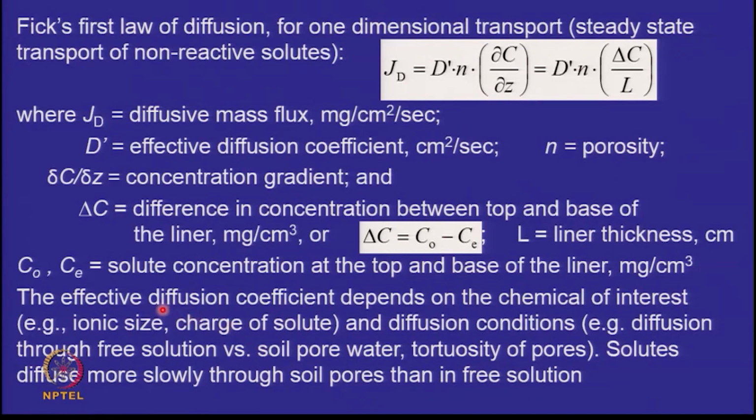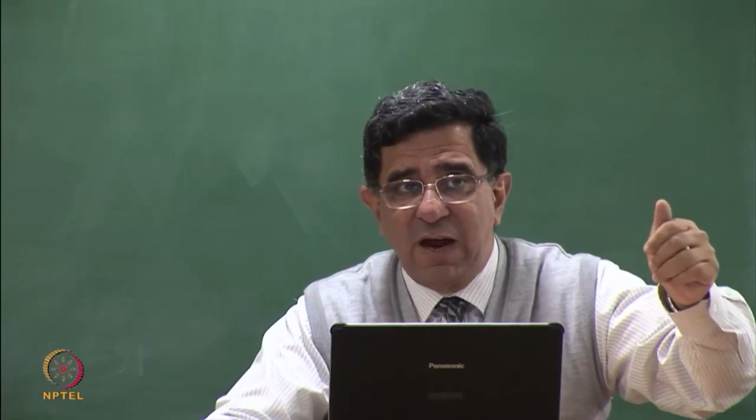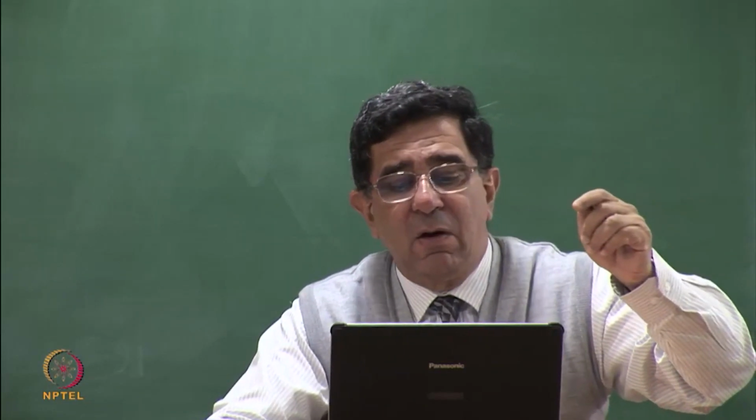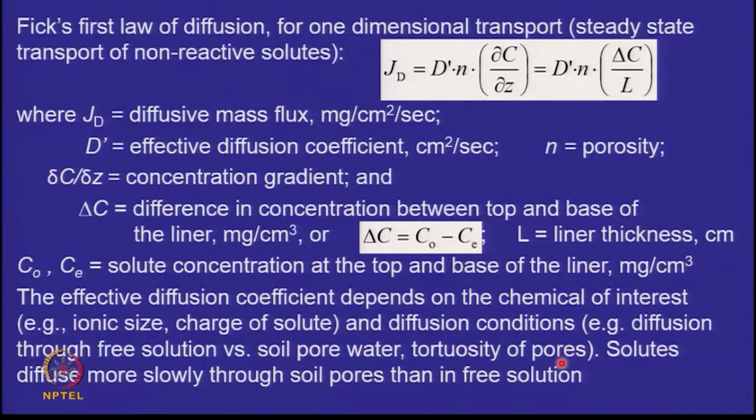Do remember that the diffusion coefficient will depend on the contaminant that you are tracking. We are saying this is the coefficient for chlorides, which is a faster one which travels because it is non-reactive. It will depend also on the type of soil, the tortuosity of the pores.